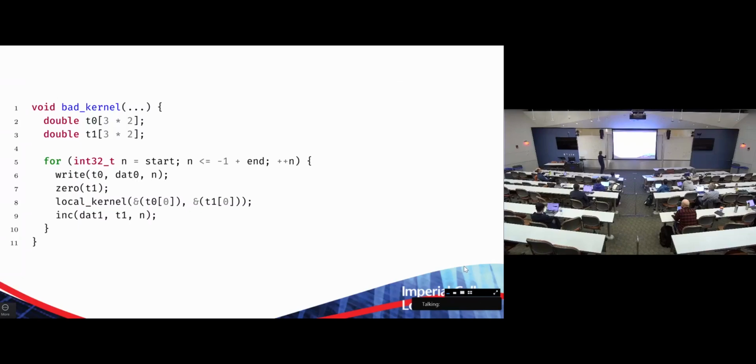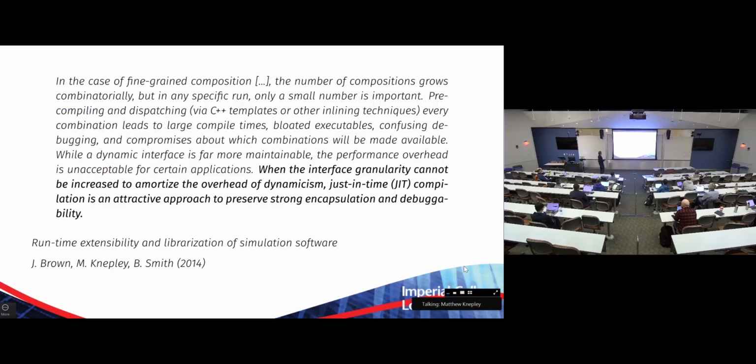So why have I called this bad kernel? I've included a quote from certain people here. This is a great paper, which is the Firetran paper, Runtime Extensibility and Librarization of Simulation Software by some of the people here. The quote is, in the case of fine-grained composition, the number of compositions grows combinatorially, but in any specific run, only a small number is important.